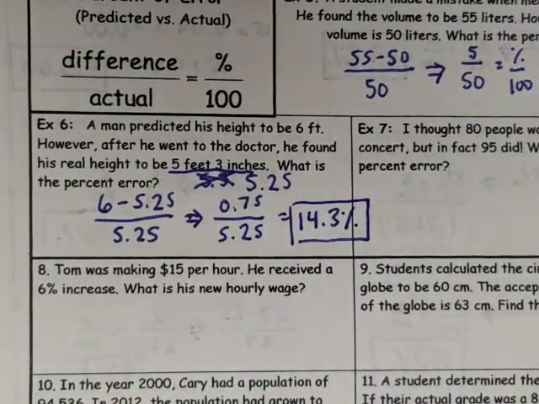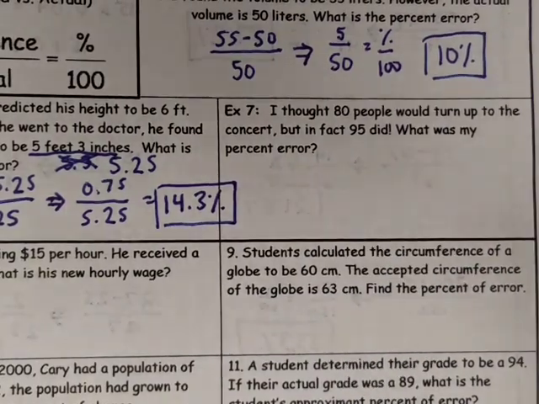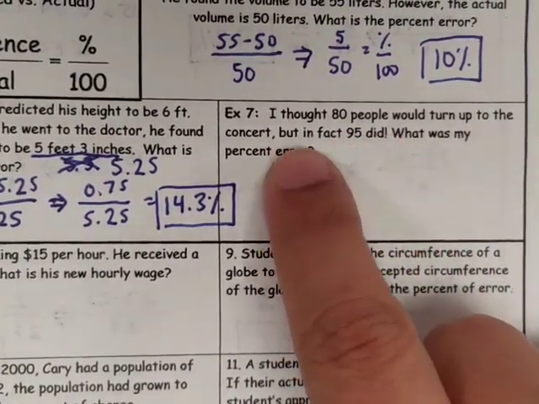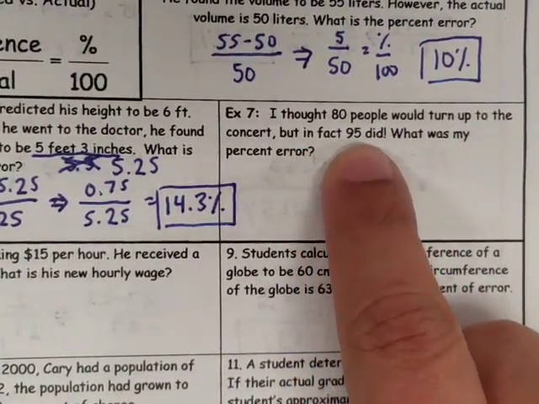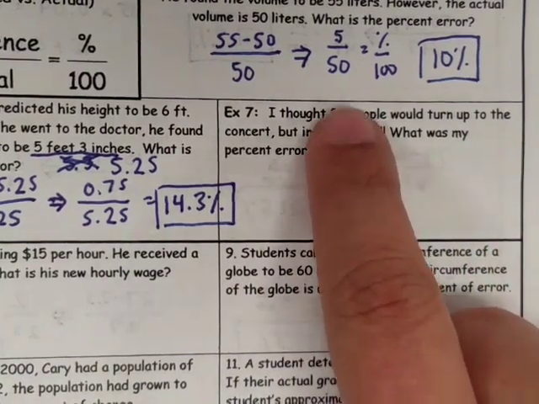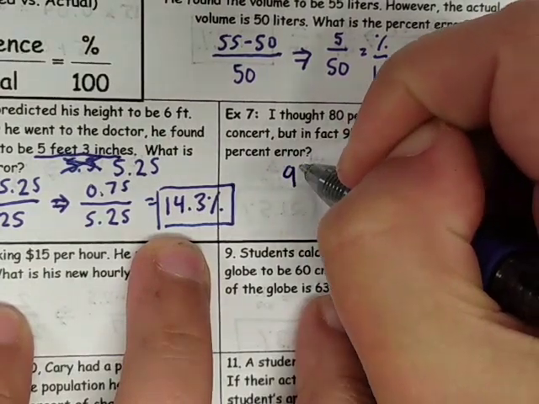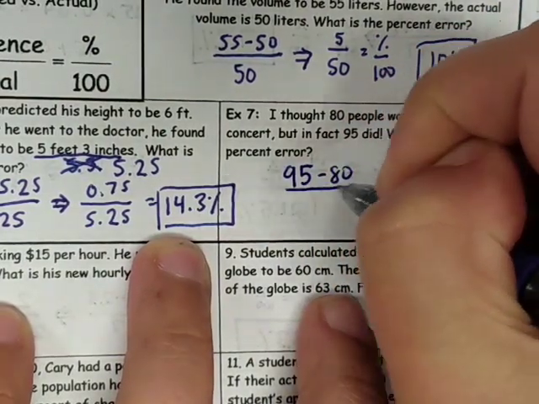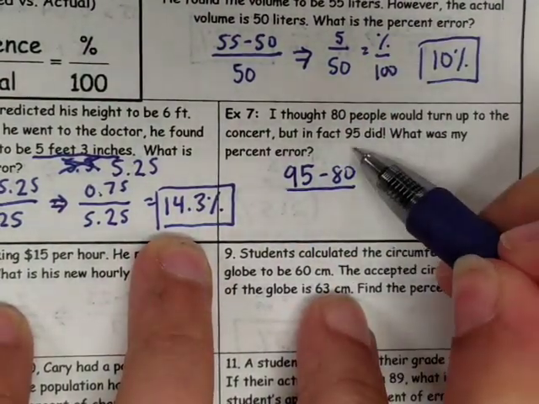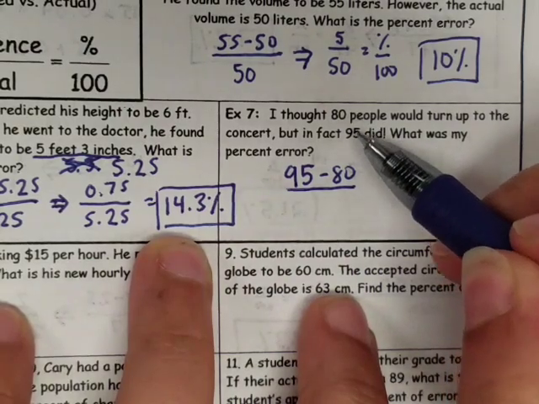Okay. All right. Our next problem. I thought 80 people would turn up to the concert, but in fact 95 showed up. So what was my percent error? So we have to find the difference in our numbers. So 95 take away 80, over what was the actual? The actual was 95. Not our predicted, but our actual.